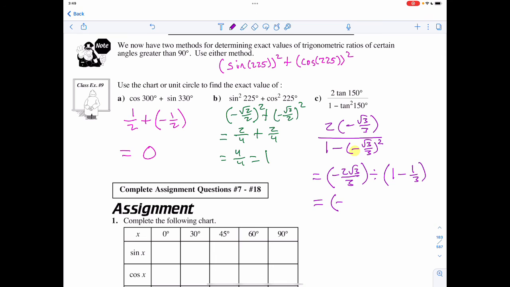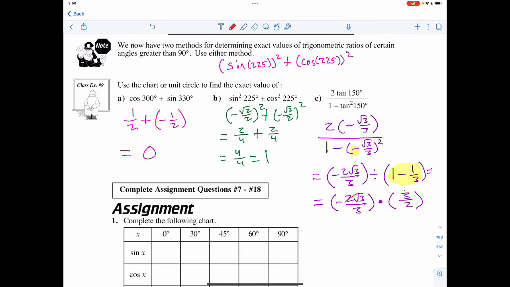So what I have is negative 2 root 3 over 3 multiplied by the reciprocal of this solution, which is going to be 3 over 2, because 1 minus 1 over 3 is going to be 2 over 3.